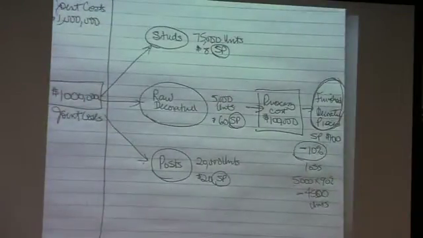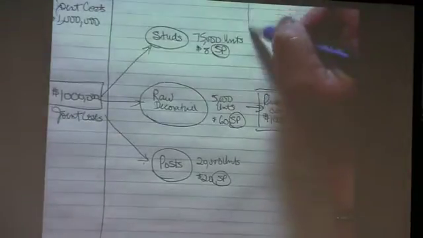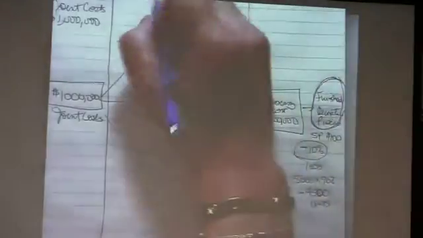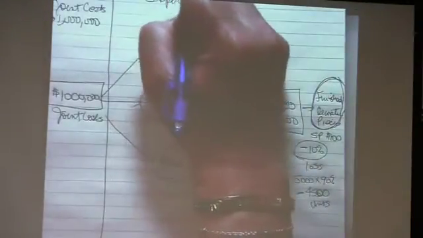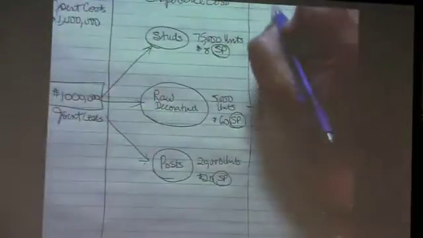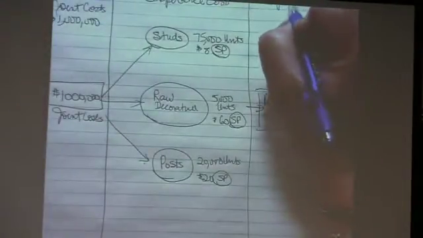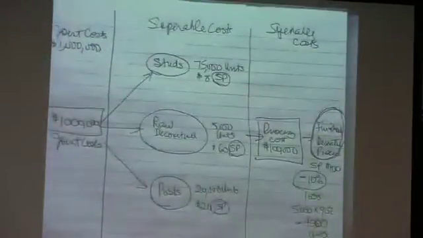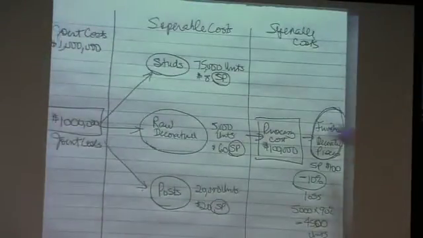I always like to get my head around what the different costs are. So these are the separable costs, and this is also a separable cost. And of course, of the separable costs, only one is processed further.